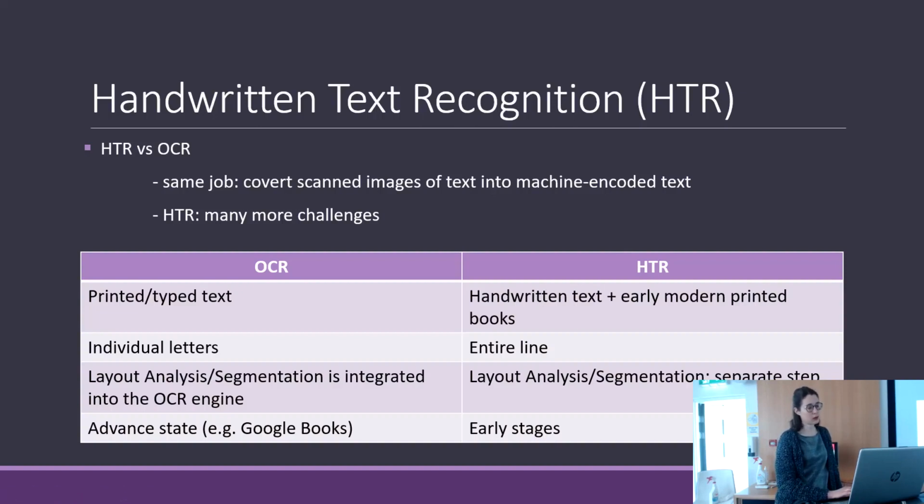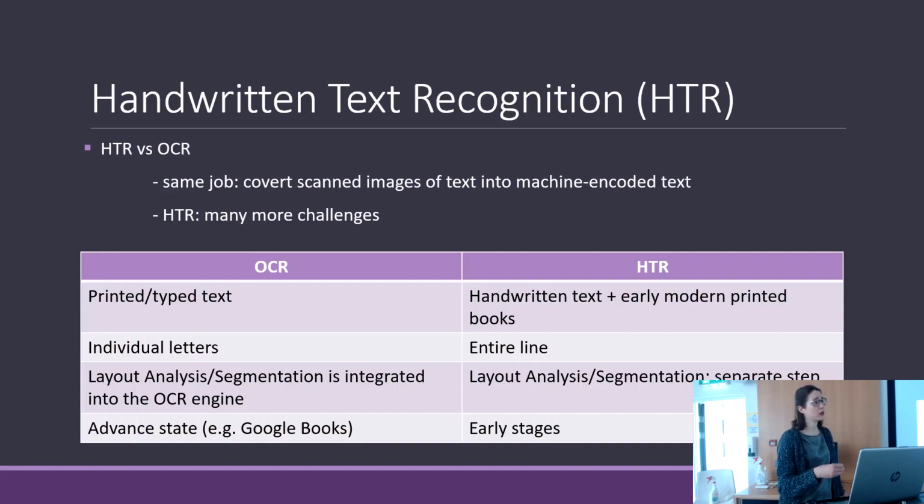HTR has been applied to handwritten text, but also to early modern printed books. It's difficult for OCR to obtain high accuracy levels on them, so you can apply HTR also to printed books.